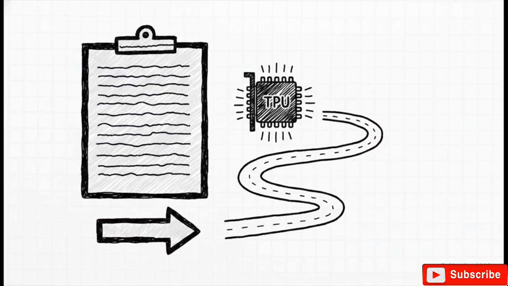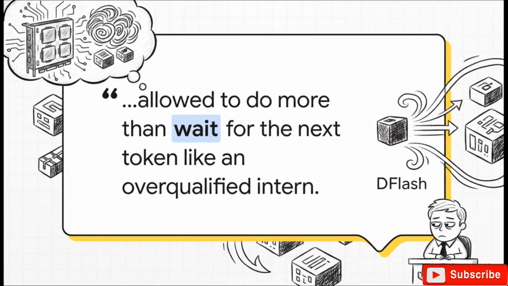However, the research direction itself, abandoning sequential generation for parallel diffusion, is absolutely irreversible at this point. The performance gains are literally just too massive for the industry to ignore. I love this observation from the community. GPUs everywhere probably appreciate finally being allowed to do more than wait for the next token, like an overqualified intern.